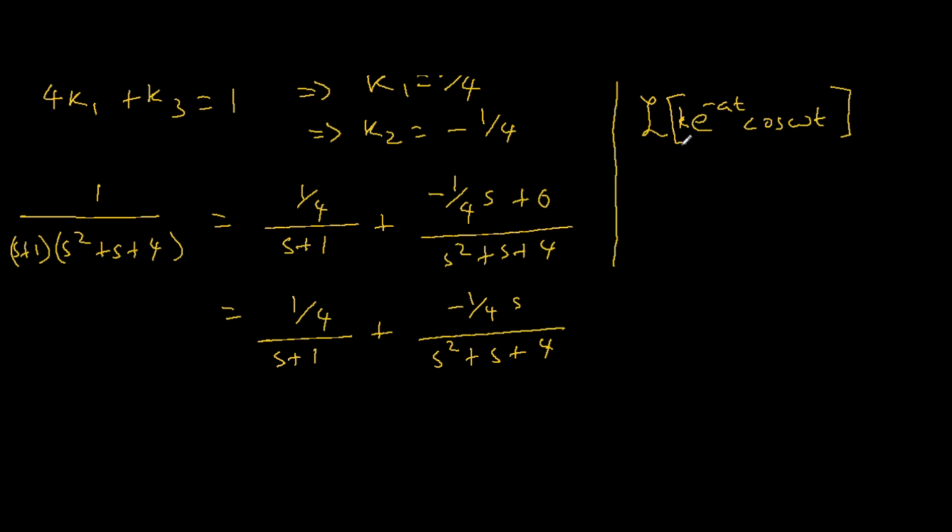Now if we found the Laplace transform of this, what we'll have would be k multiplied by s plus a, all over s plus a all squared plus omega squared. I believe this is the Laplace transform of this.